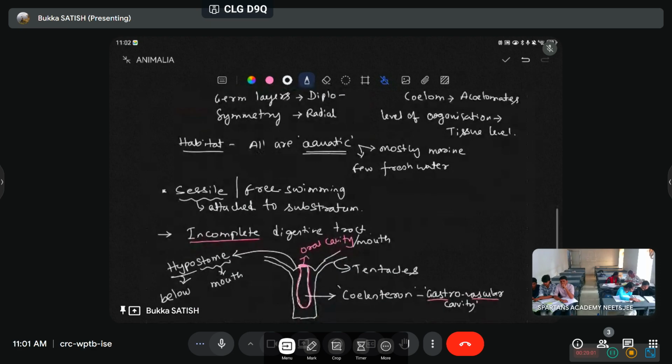What is the function of them? What is the function of cnidoblast, man? See your notes and answer.